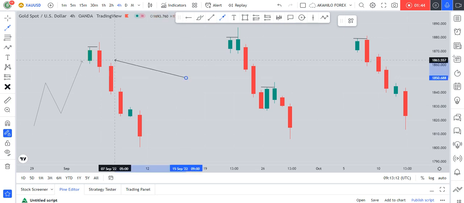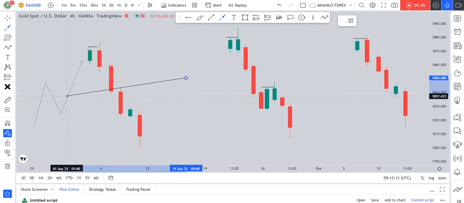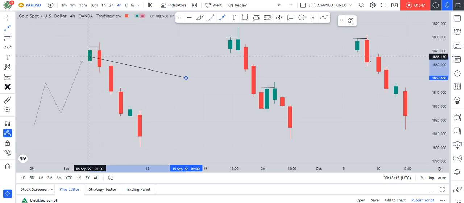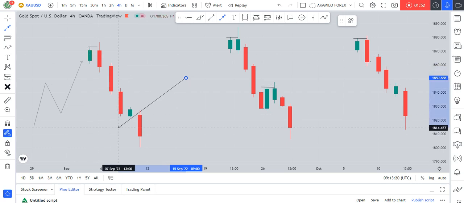So when the price was coming upward, this green candle was our last bullish candle before a downward move.